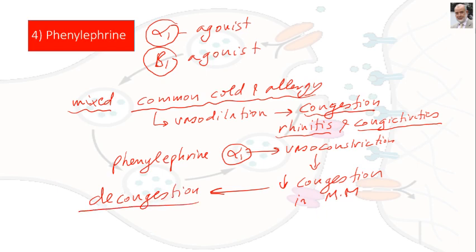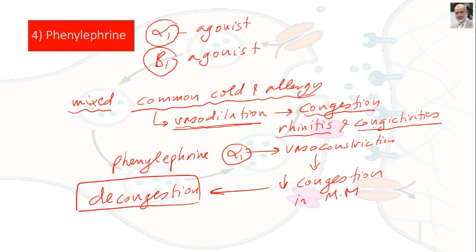So this is the very common use of phenylephrine. It is mixed with other drugs in treatment of symptoms of the common cold, and as well in treatment of symptoms of allergy, in which there is a vasodilatation, which will result in congestion of the mucous membrane of the nose and the eye.